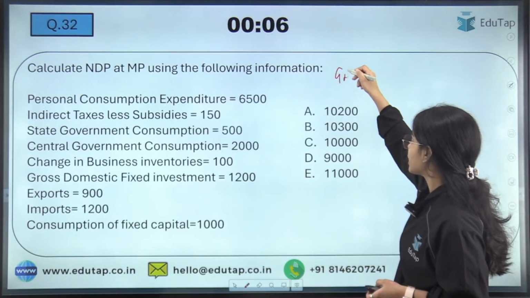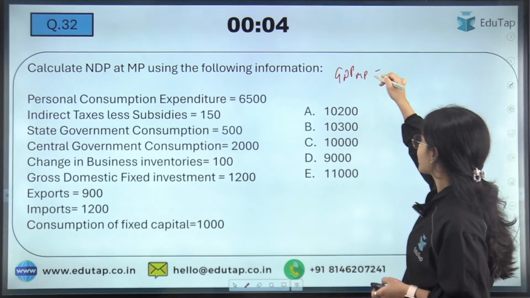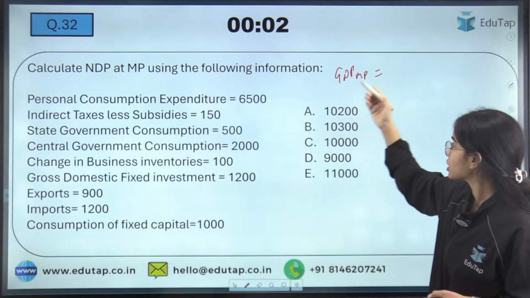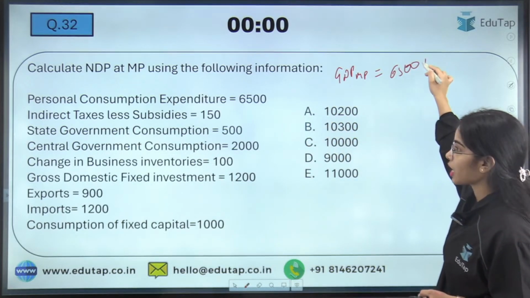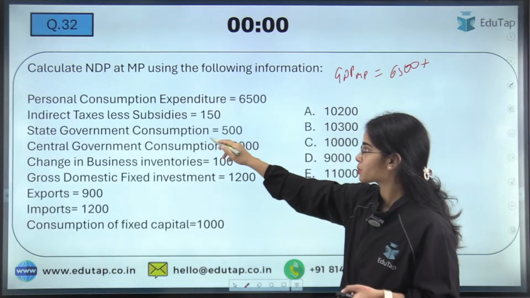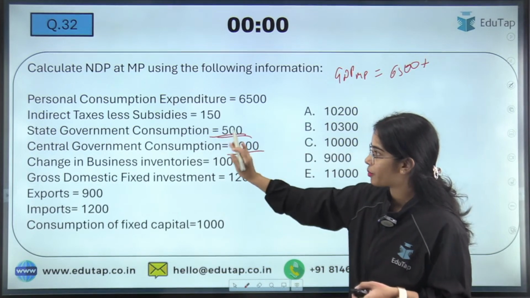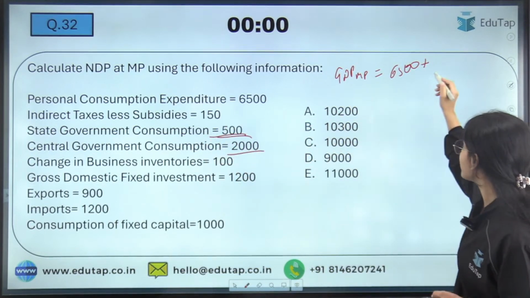You are calculating GDP at MP through the expenditure method. You have the personal consumption expenditure, that is 6,500. Then you have the government expenditure, government consumption, sorry, that is central government and state government, 2,500.